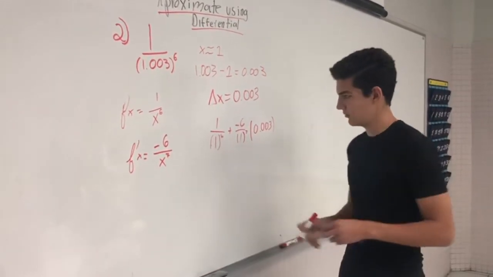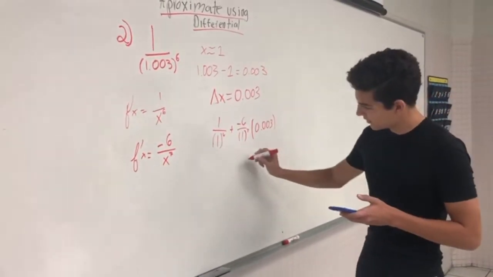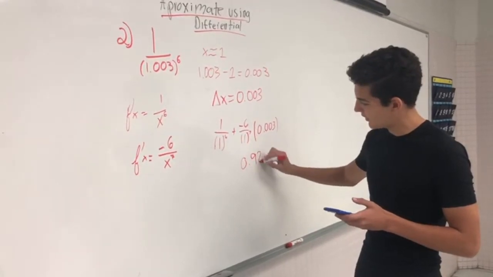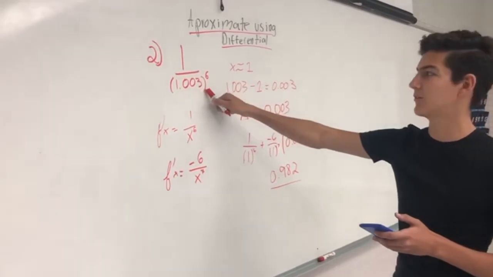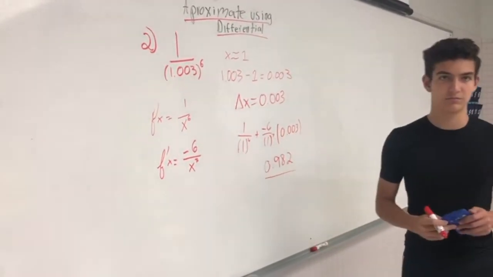So then you do all these equations in the calculator and you get 0.982, and that's the exact same answer as the original equation.